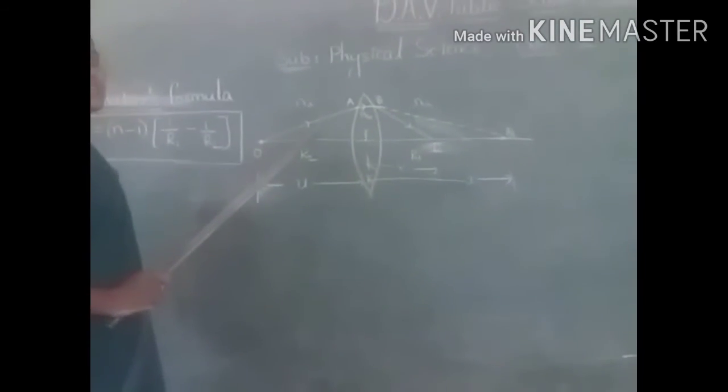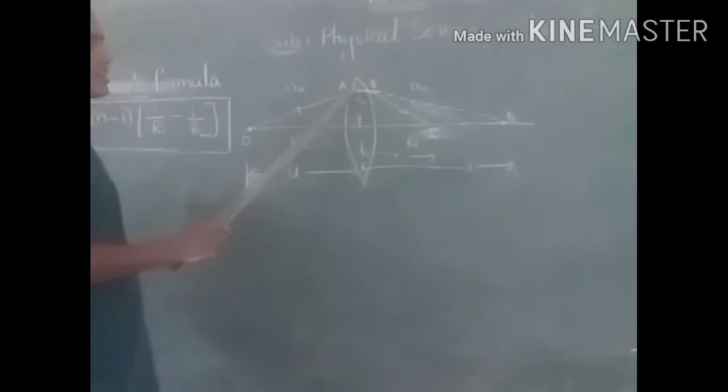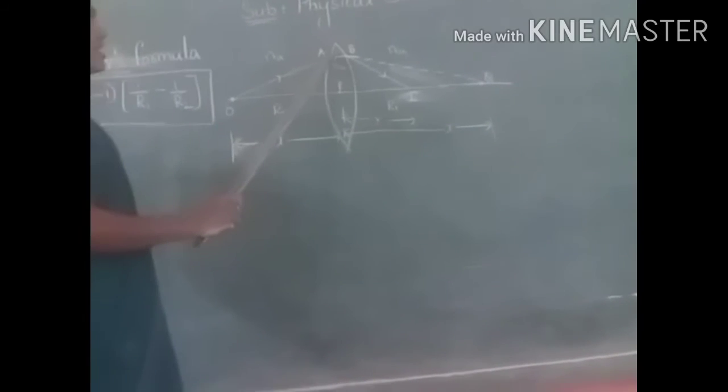Here the light gets refracted two times, at one surface and at the other side surface. So here two times refraction takes place. When the light ray is refracted the first time, if the second surface is not there, then the image will be formed at this point.